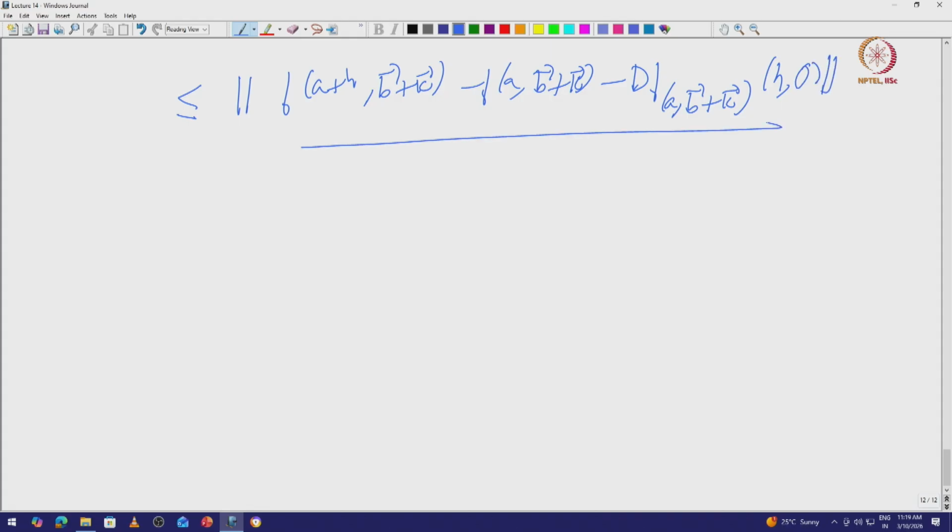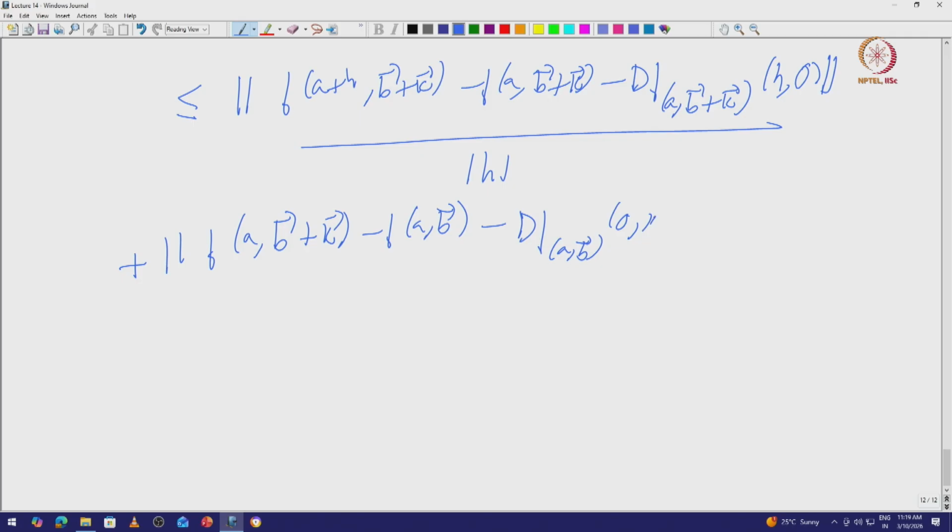This is the second term. The first term we need to add and subtract, so that's why I'm writing it a little later. All right, we'll just finish writing this and we'll move on.